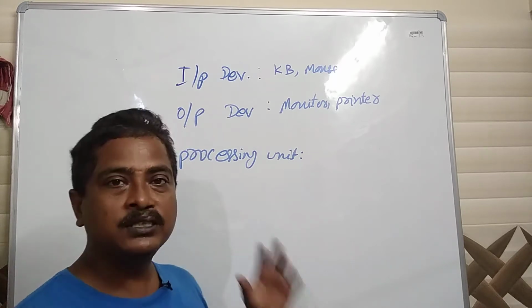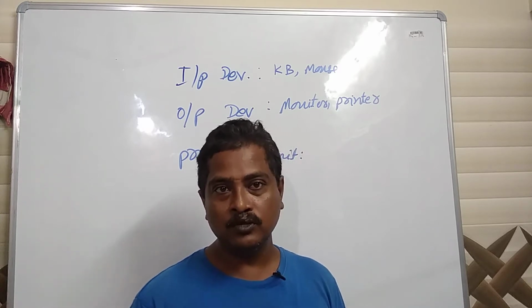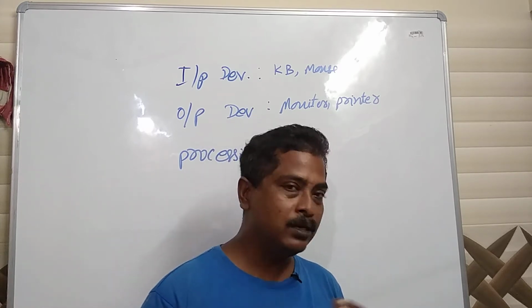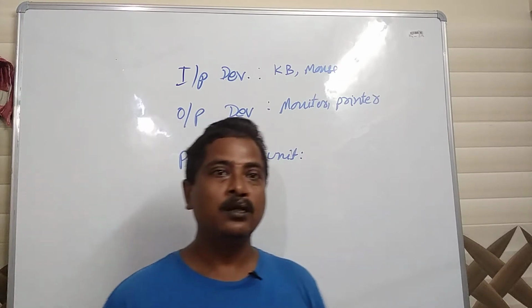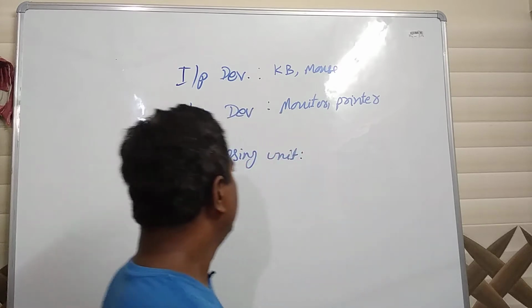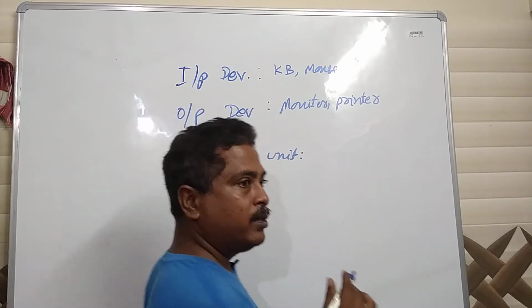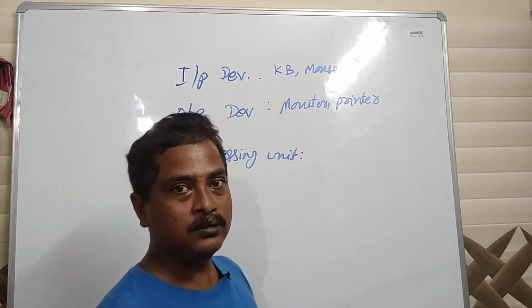Now, what is the processing unit? The processing unit is responsible for processing the data. In our last video, we discussed our brain. What are the individual units in the brain? Permanent memory, temporary memory, and a processing unit.